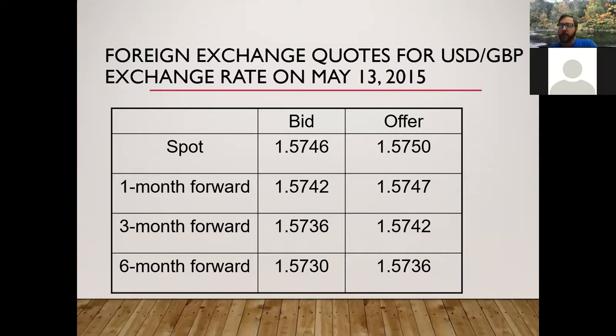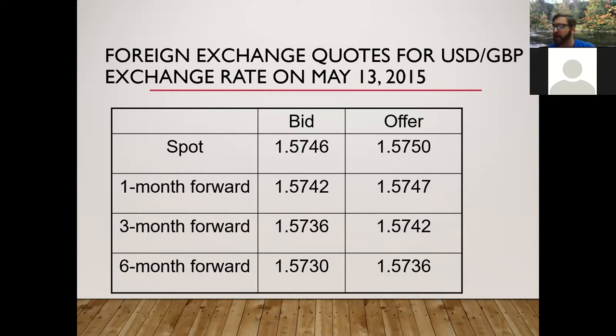And then if you notice in the 1 month, 3 month, 6 month forward, those rates change. And what that does is actually indicate what people think is going to happen in the future with the exchange rate, right? So I think that it's going to get cheaper to buy pounds, right? Because this is the number of US dollars per pound. And so that number is decreasing.